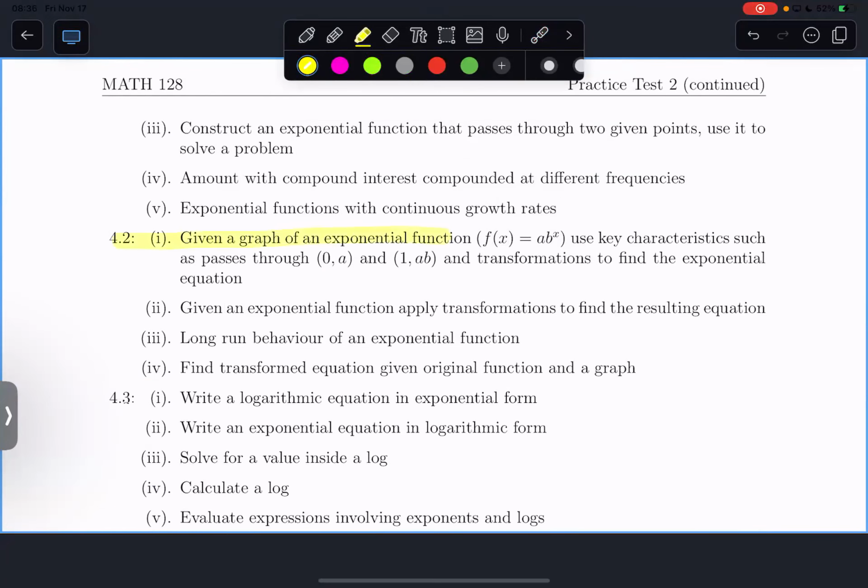Okay, you know what? Let's do this one. Why not? I'll give you a graph. Look at where it passes through (0, a) and (1, ab), and then you can construct your exponential equation. Let's do that.